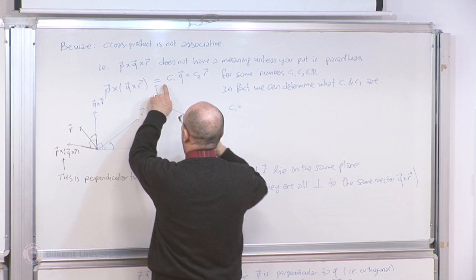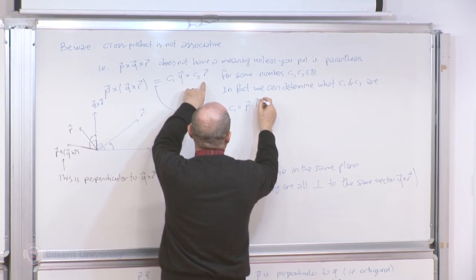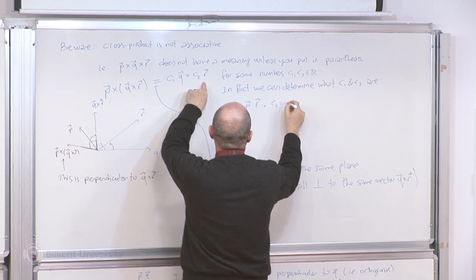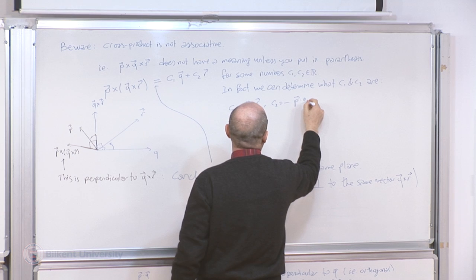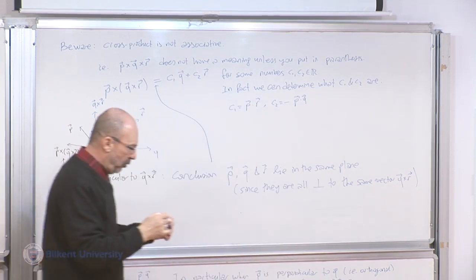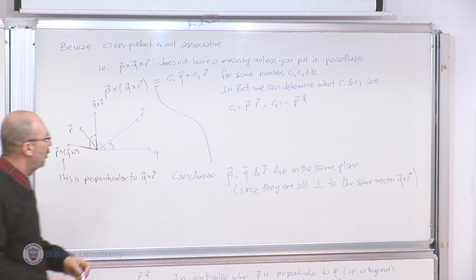C1 must be P dot R, and C2 is minus P dot Q. Okay, so check this, or maybe I check this from here. Okay, this one, I think I wrote it correct. Check this from the book.